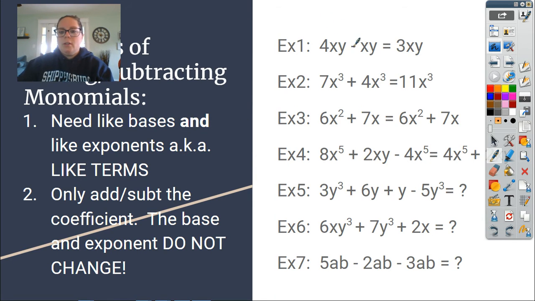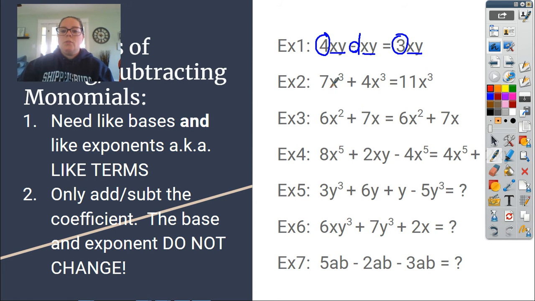The symbol here is what I do with the coefficient. So in this case, I'm doing 4 minus, and the coefficient here we know is a 1. So 4 minus 1 is what gets me the 3. Notice that my like term, the xy, is still in my final expression.